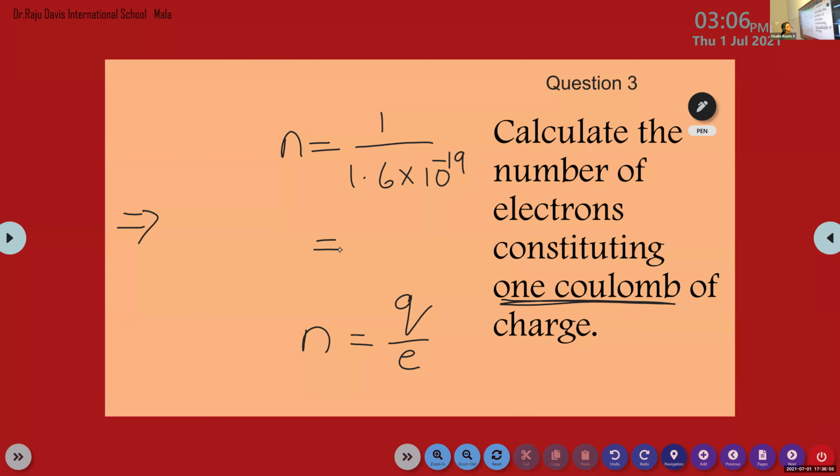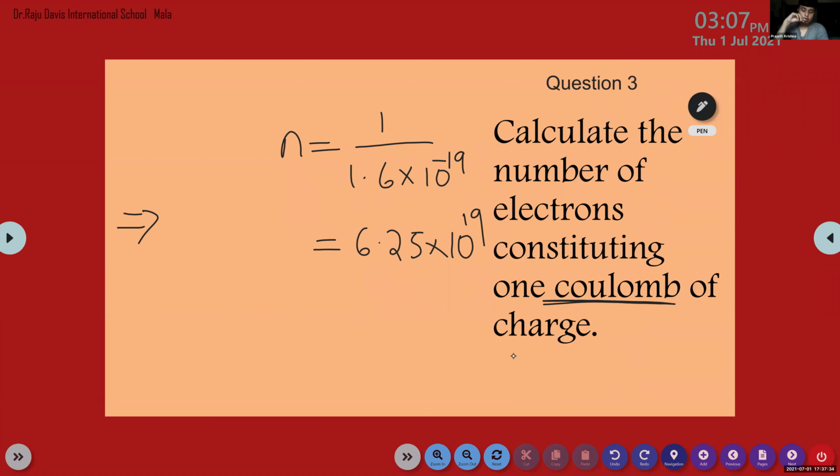What's the value? 6.25 into 10 raised to 19, right?